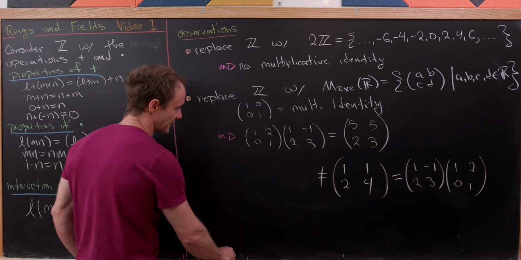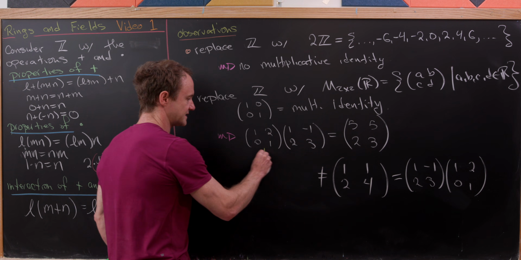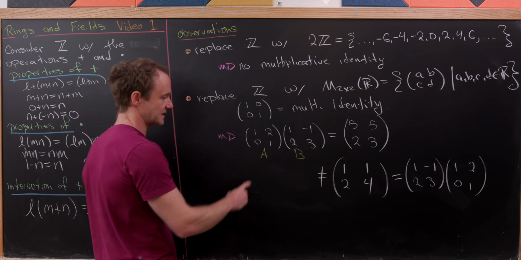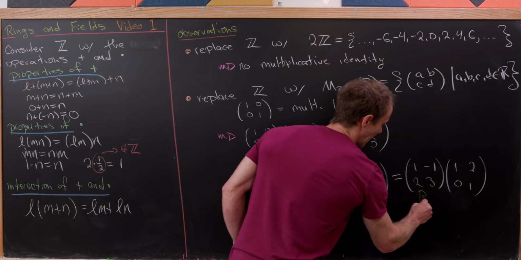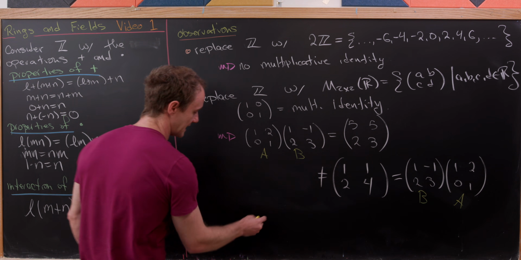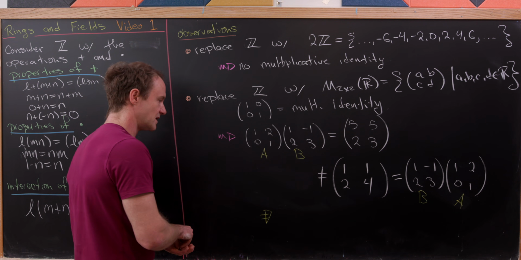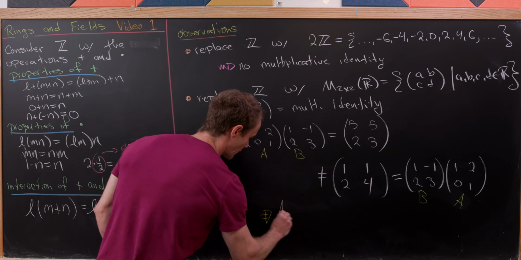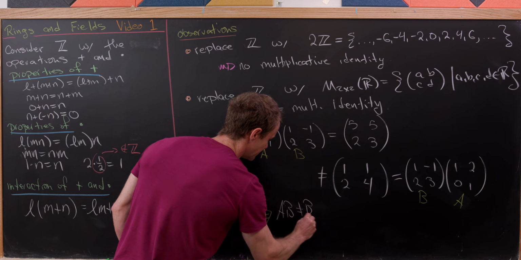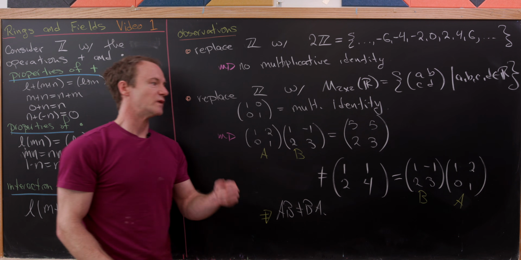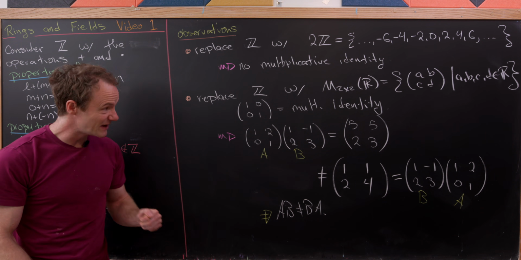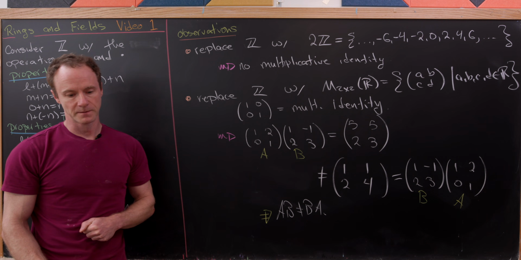So let's observe that if we were to name these things A and B, and then here we have B and A, what we have found is matrices A and B, where A times B is not equal to B times A. In other words, we do not have commutativity of multiplication.